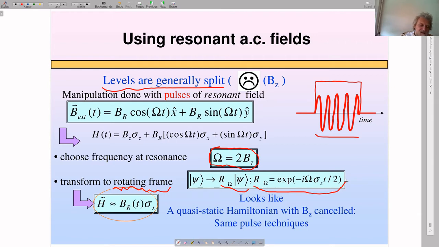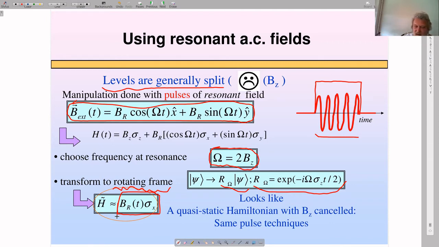And the field, which was oscillating, upon changing of the coordinate system, will become constant. All right, it will become constant.